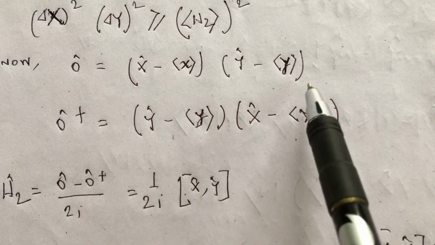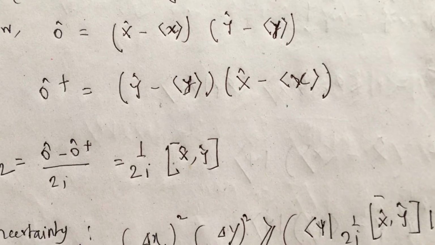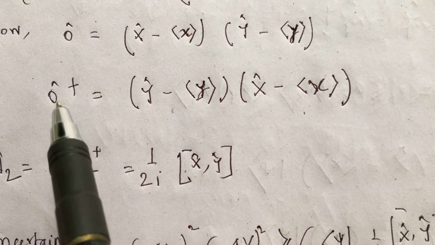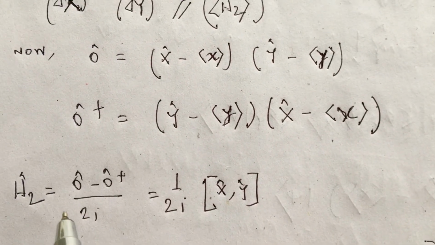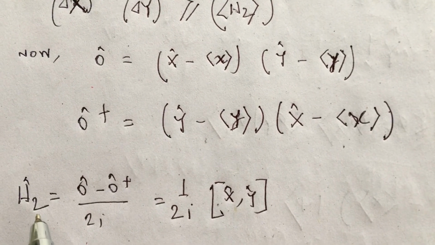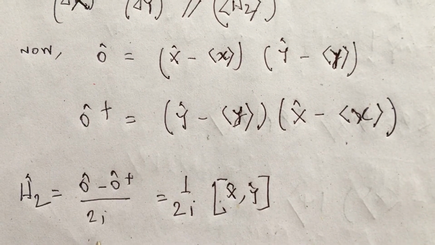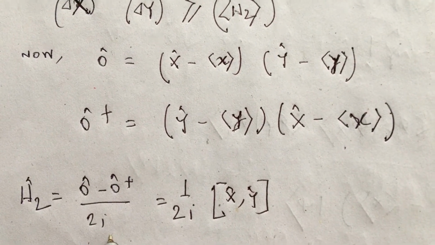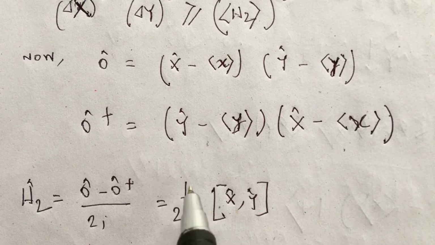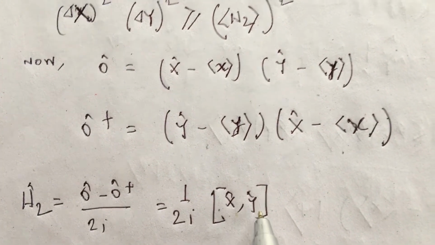And O is defined as this. Just let me recall this. So this is my O, and if this is my O, I can find out O dagger. And from the previous problem, the H2 Hermitian operator can be written as a linear combination of O and O dagger divided by twice I, and this is equal to 1 by twice I, the commutation relation of x and y.